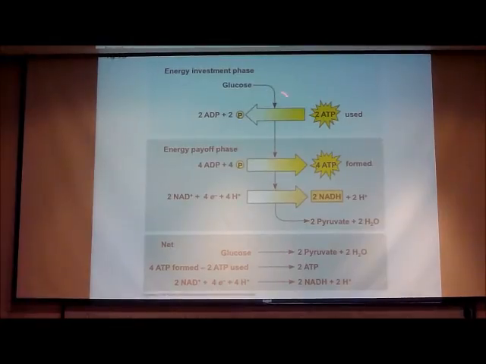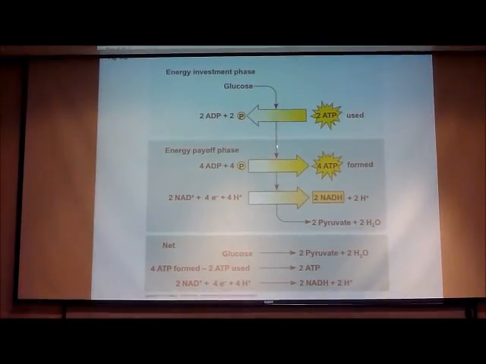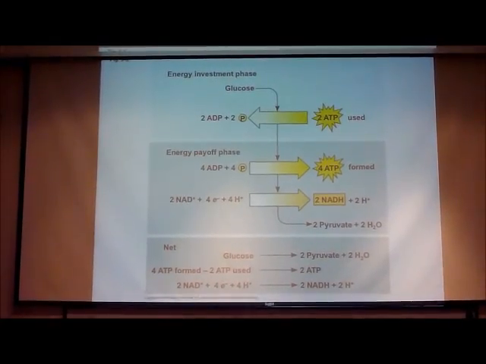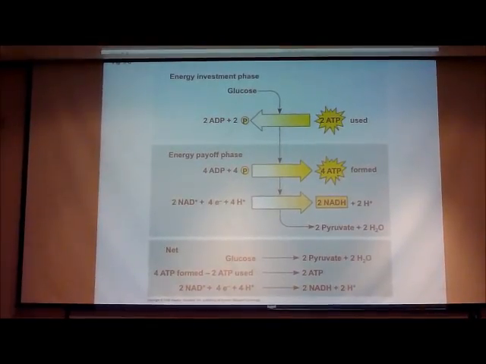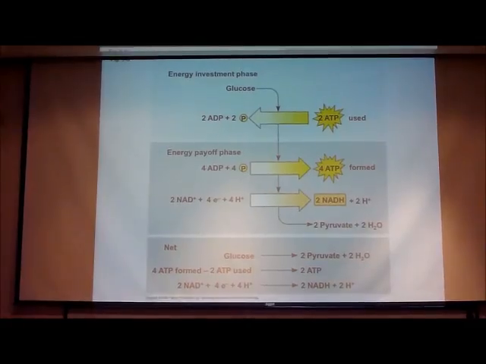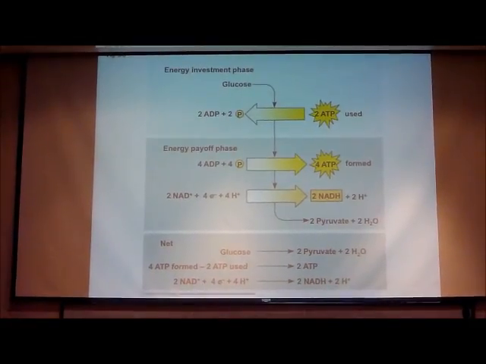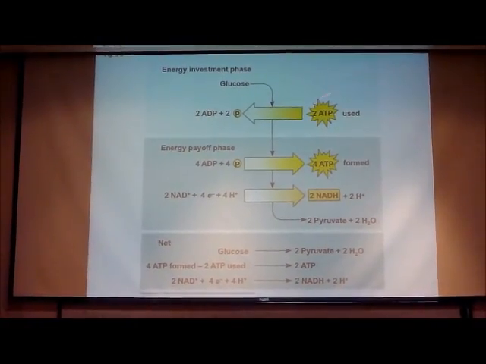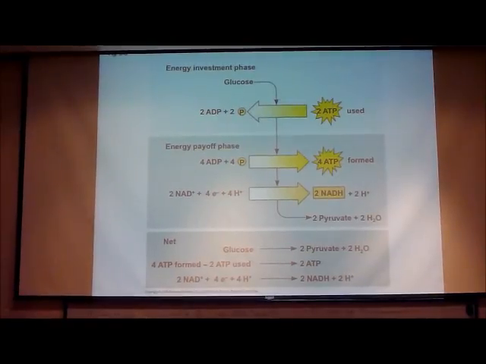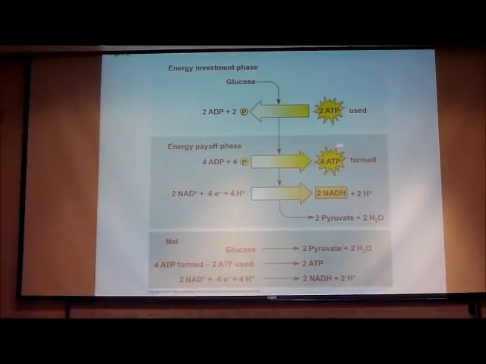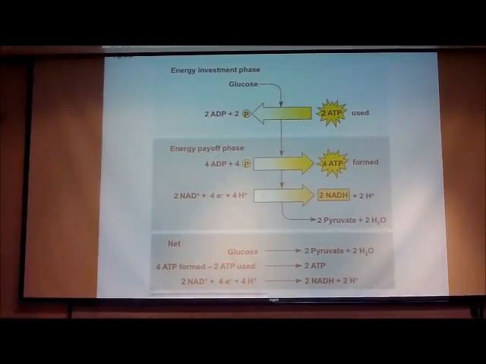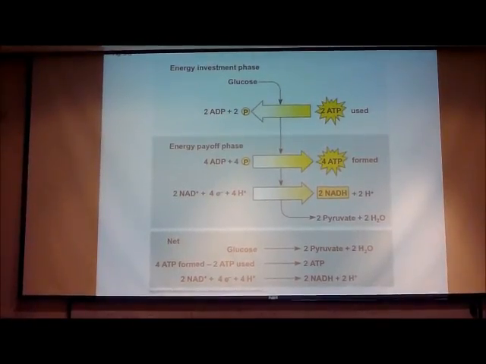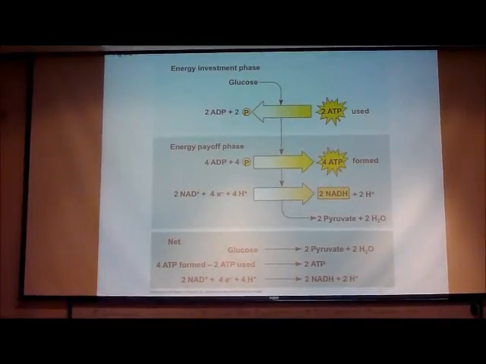And eventually, that glucose molecule will be split apart and the phosphates that are attached to it are going to be the phosphates we use to phosphorylate ADP to produce 4 molecules of adenosine triphosphate. So, please note, we use 2 molecules of ATP during glycolysis. We produce 4. So there are 4 total molecules of ATP produced, but only 2 molecules that are net produced during this process. Does everybody see that?